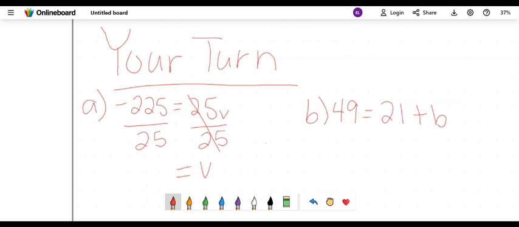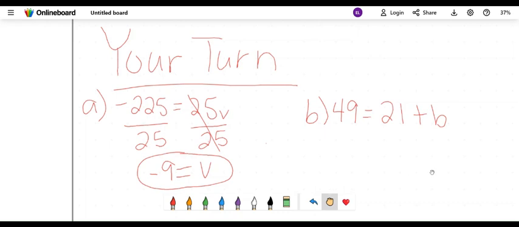So negative 225 divided by 25 is, let me see, 9. Its answer is going to be negative 9, because a negative number divided by a positive number is a negative.